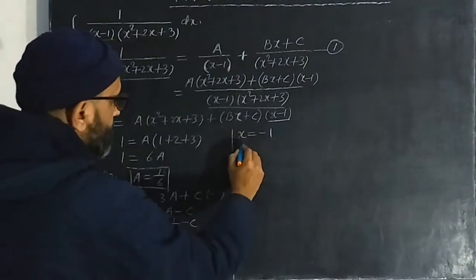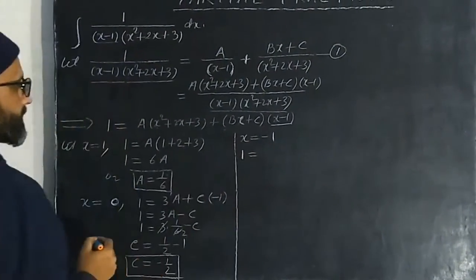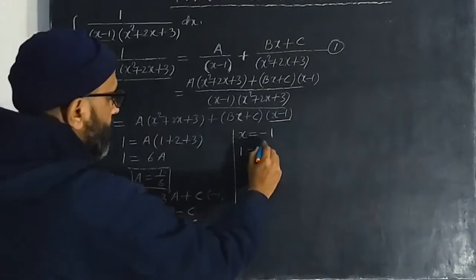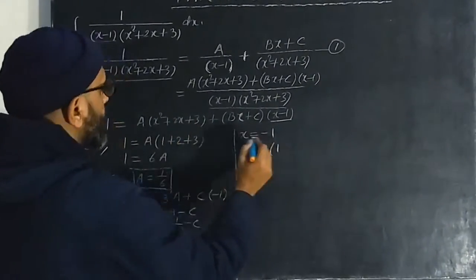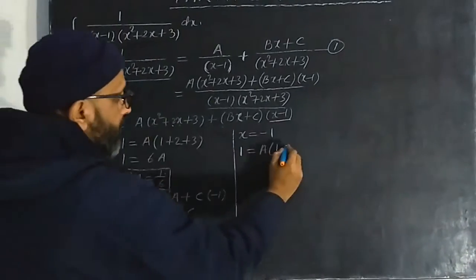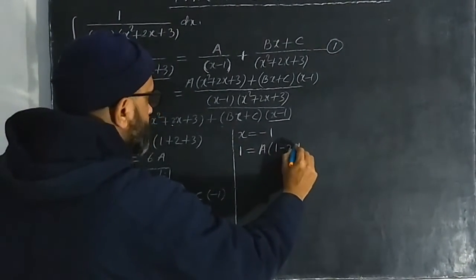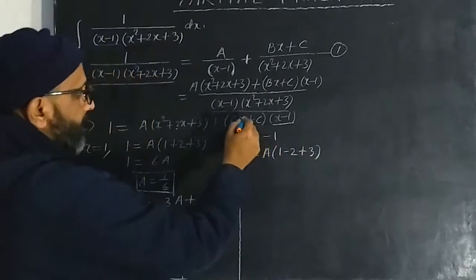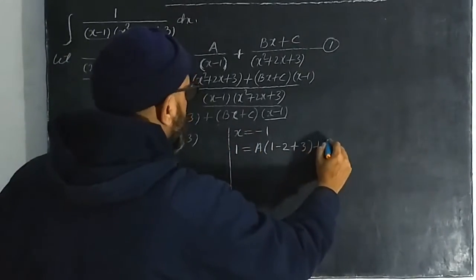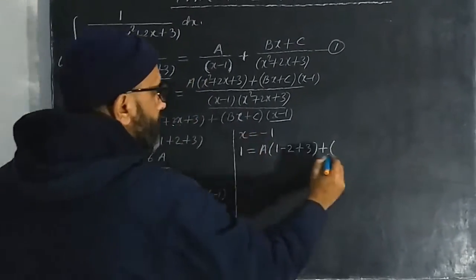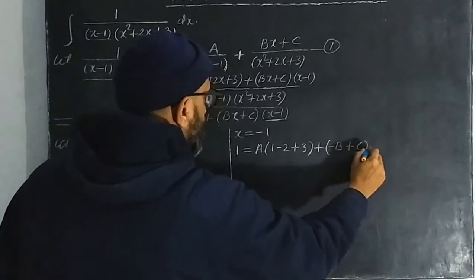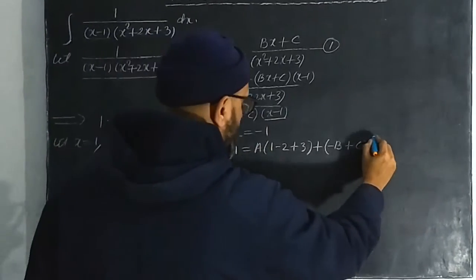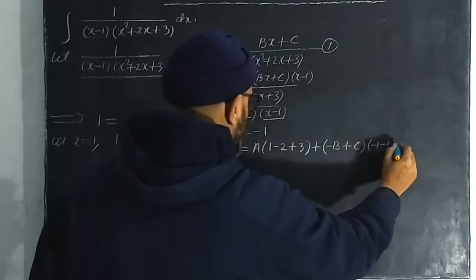Putting in this expression, we get 1 on the left hand side as it is, and on the right hand side a, minus 1 square is plus 1, and minus 1 into plus 2 is minus 2, plus 3, and here we get minus b plus c, and here we get minus 1 minus 1.